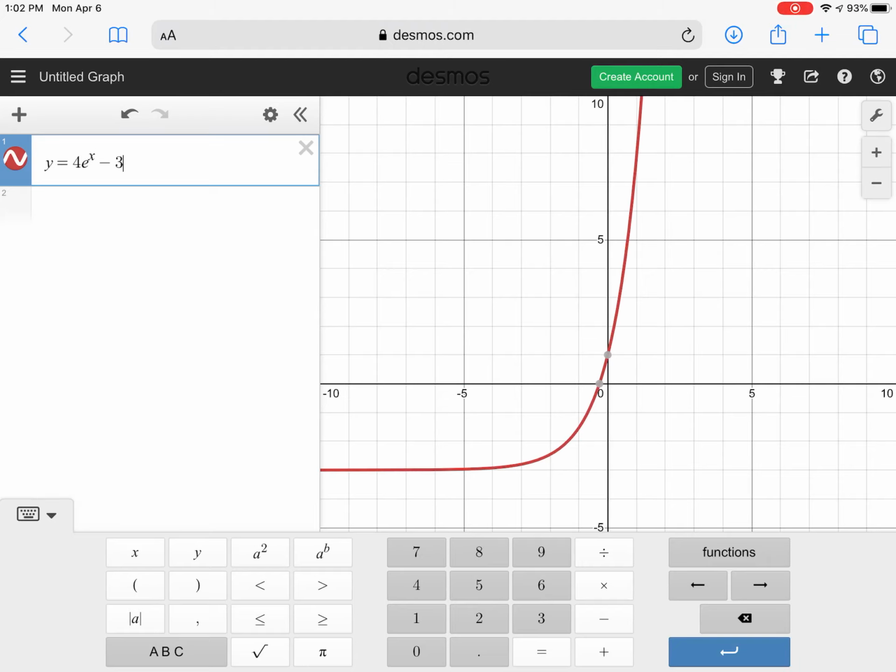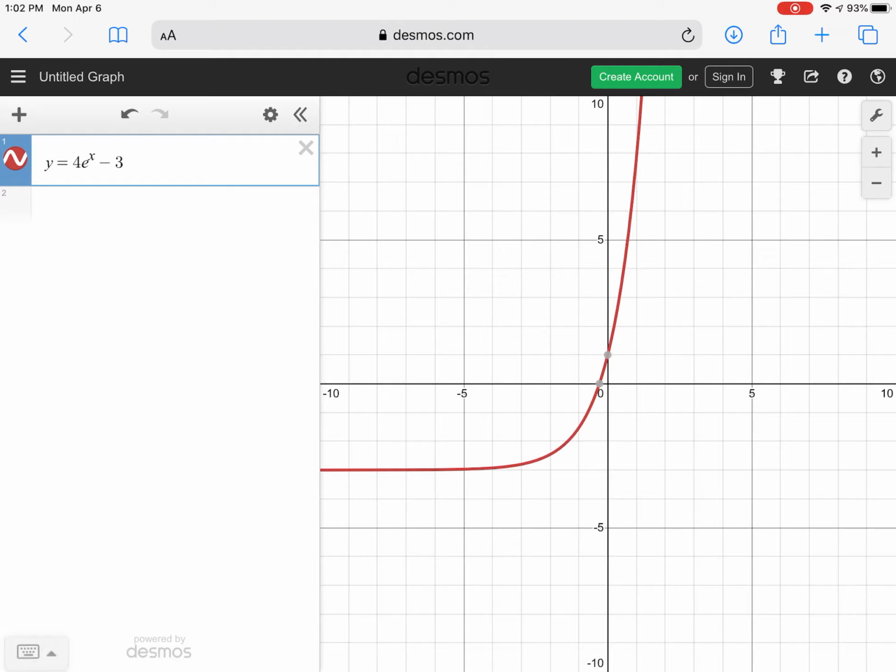Okay, so here is our graph, and what we're looking for is the domain and the range. Now notice that we are going to have a horizontal asymptote at -3, and can it go anywhere on our x value? Yes, so domain is going to be all real numbers, and our range is going to be -3 to infinity.